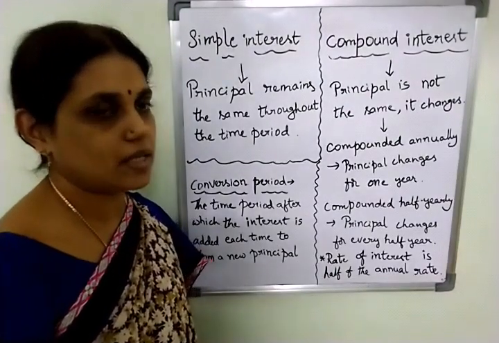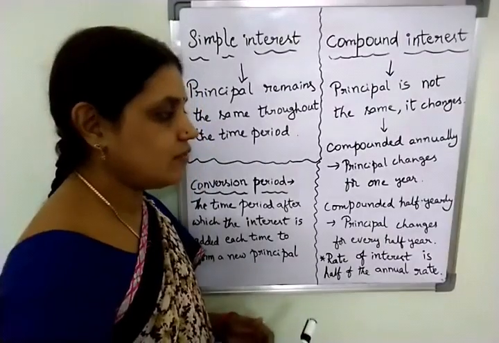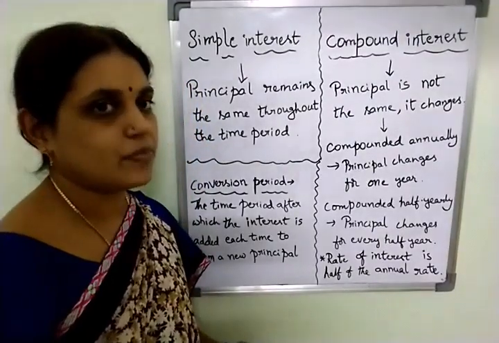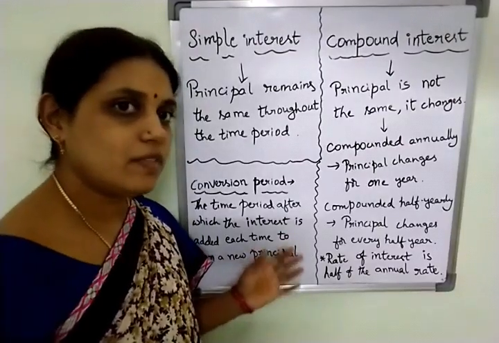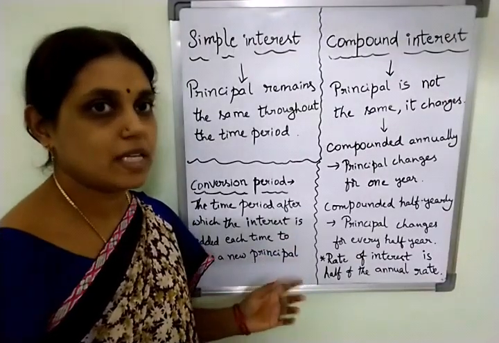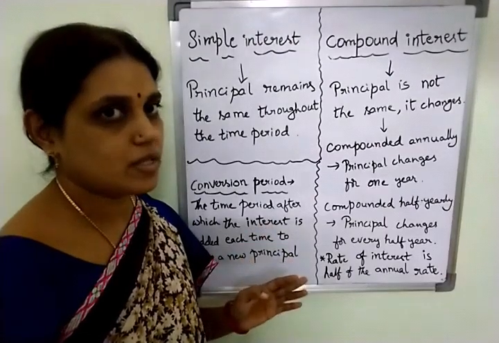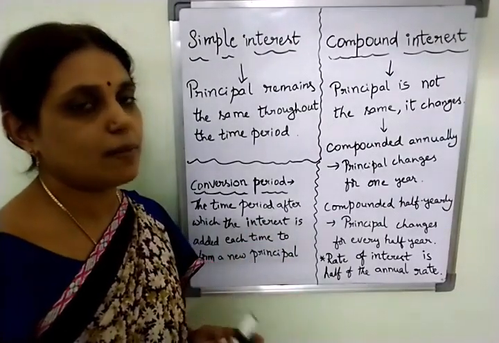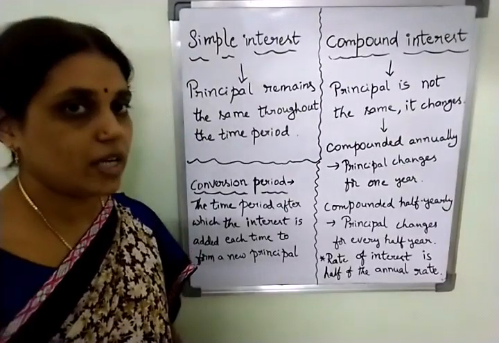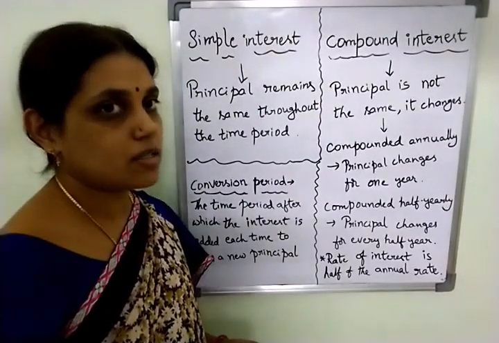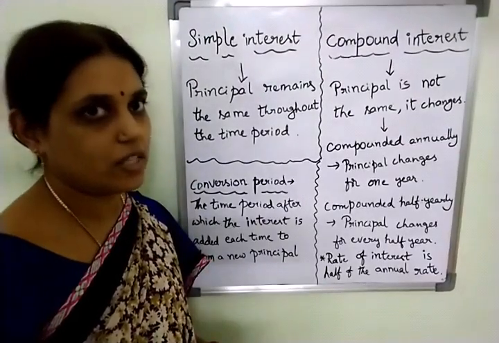And if it is compounded quarterly, quarterly means what? 1/4 of the year. Then the number of conversion periods per year will be 4. So for every 3 months once the principal will be changed. And if it is compounded quarterly, then the rate also should be 1/4 of the annual rate.